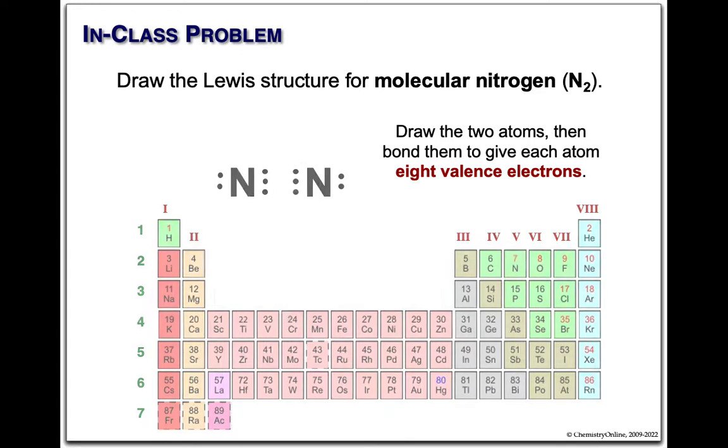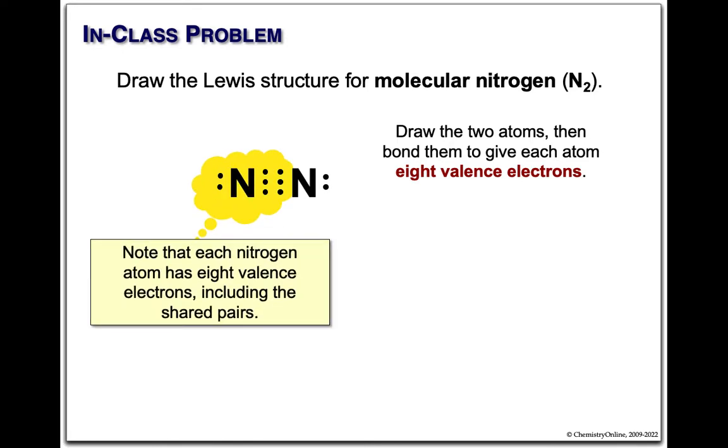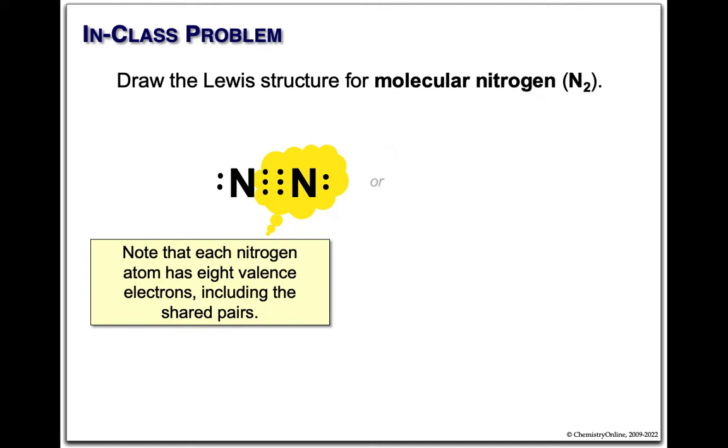Scooch it all together. This nitrogen has 6 electrons that are shared and 2 more. That's 8. This nitrogen, 6 electrons and 2, it has 8. Nitrogen is held together by 3 covalent bonds. That makes it a very, very stable molecule, actually.